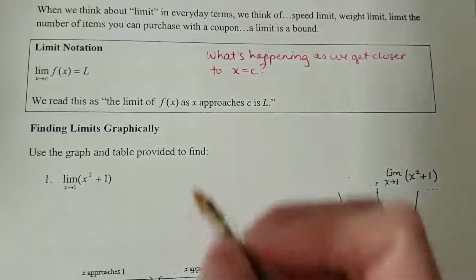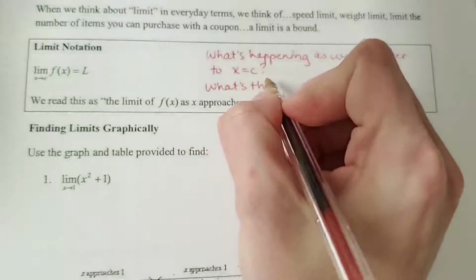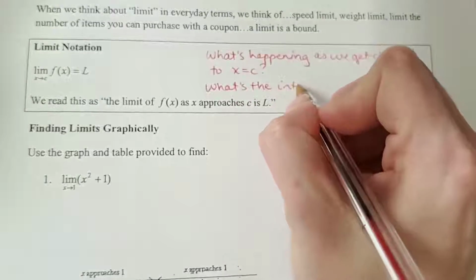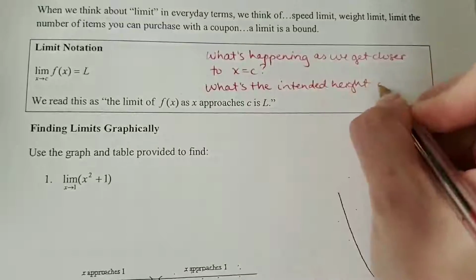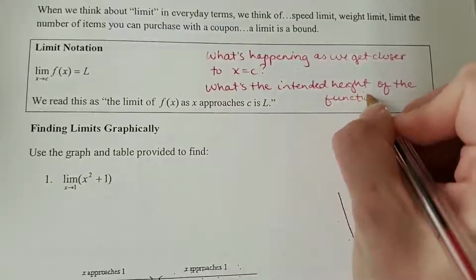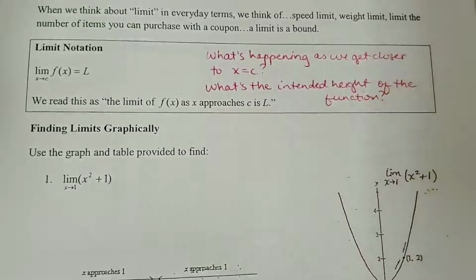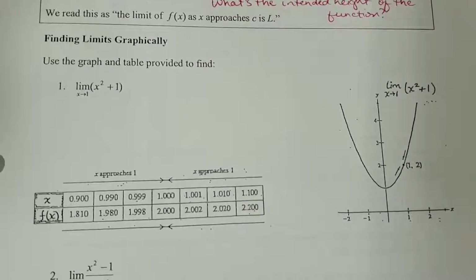Another way you can think about that is, what's the intended height of the function? Okay, so what's happening as we get closer to x equals c, and what's the intended height of the function? So we're going to look at this in a couple of different ways.